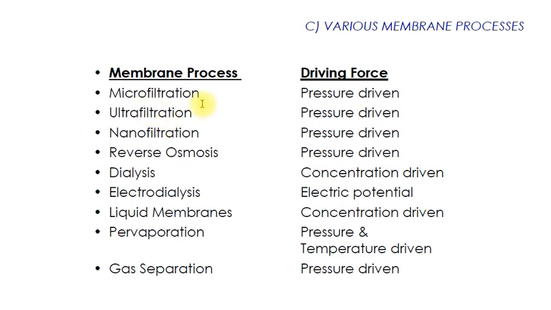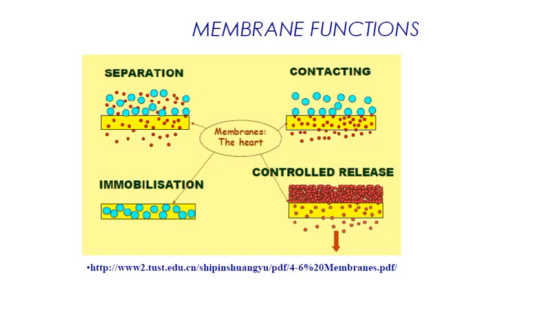Microfiltration is used for removing microparticles or suspended solid particles from the water stream or other types of streams. The pore size in microfiltration is the largest, in the micro range. So these are the different types of membrane-based processes.